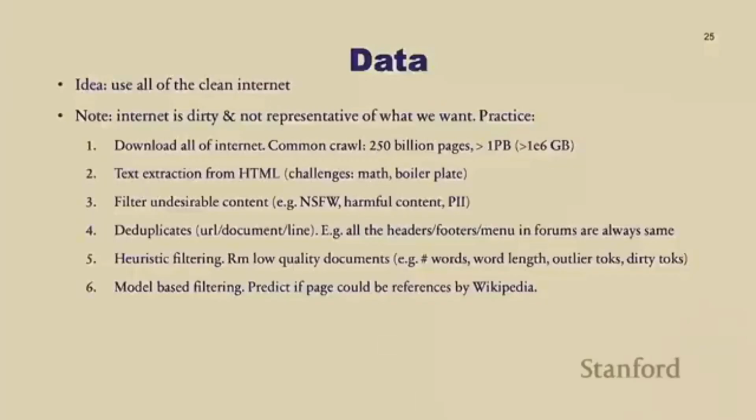Next step, model-based filtering. Once you filtered a lot of data, what you will do, so that's actually a very cute trick, you will take all of Wikipedia, and you will look at all the links that are linked through Wikipedia pages. Because if something is referenced by Wikipedia, it's probably some high-quality website. And you will train a classifier to predict whether a document comes from one of these references from Wikipedia, or whether it's from the random web.